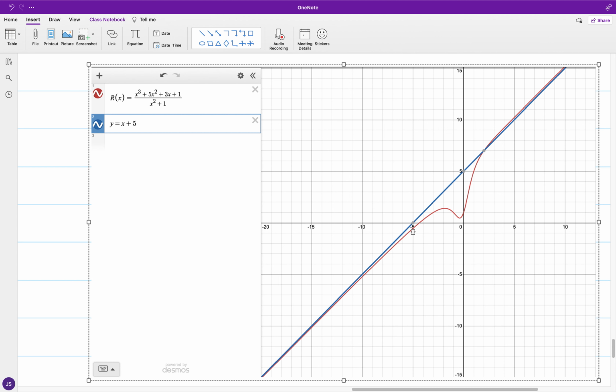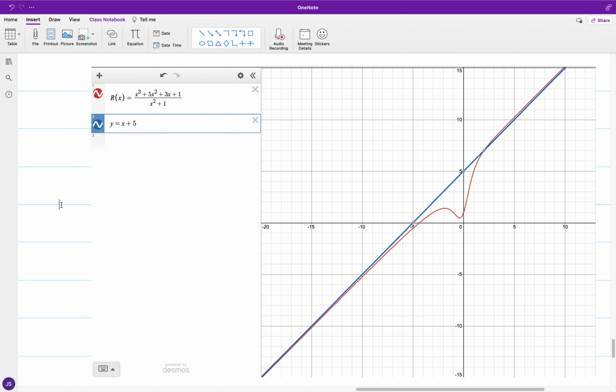So there can be contact, even intersection between the function and the horizontal or slant asymptote under extenuating circumstances. But again, vertical asymptotes are absolutely off limits.